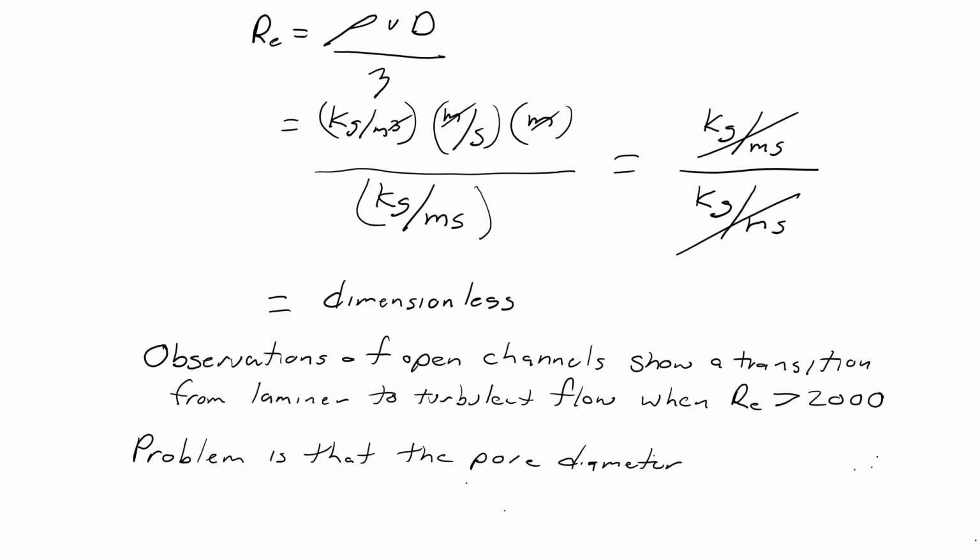I mean, what is the diameter of the average pore in a sandstone? That's tough to measure, okay? It's really tough to measure. So the problem is that the pore diameter for groundwater use is very difficult to measure.